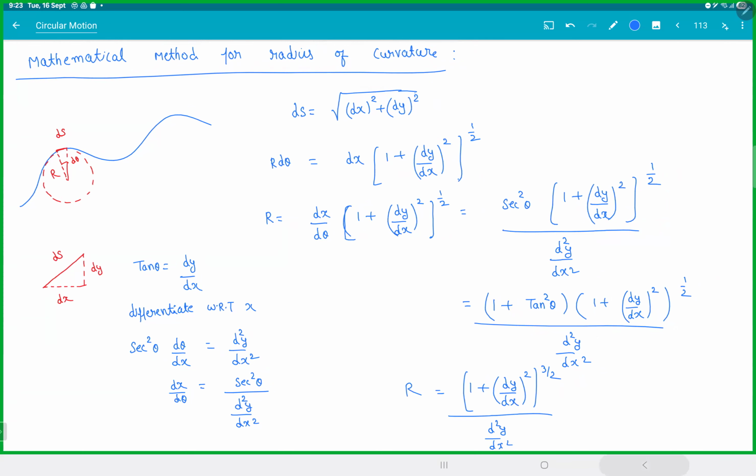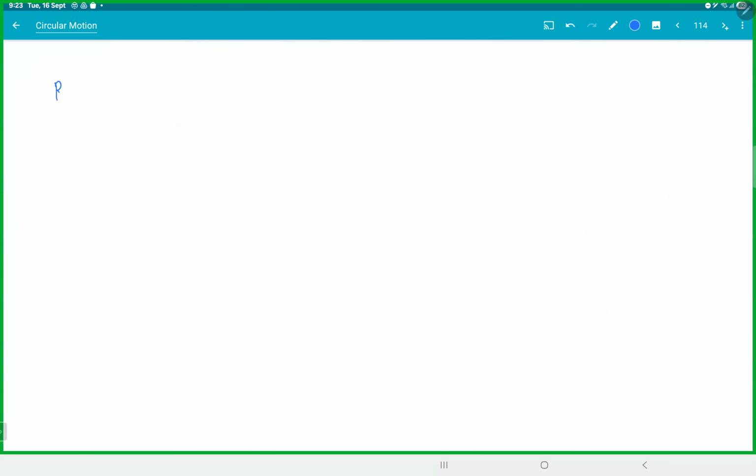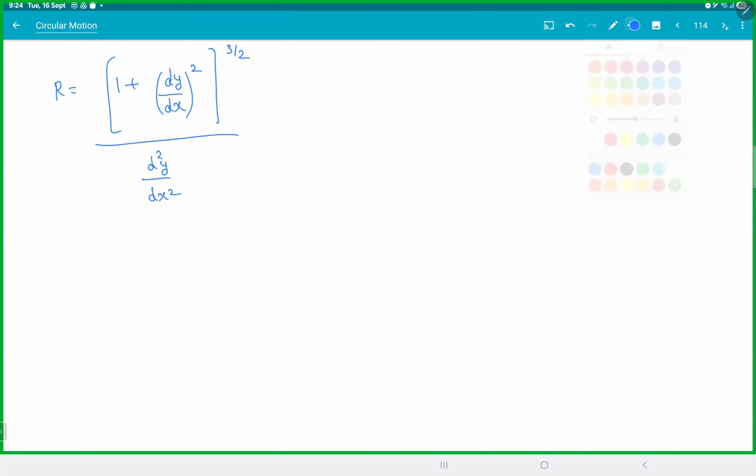So the formula for the radius of curvature is 1 plus dy by dx, the first differential, squared, whole power 3 by 2, divided by d square y by dx square, the double differential. This will give you the radius of curvature for any 2D path.